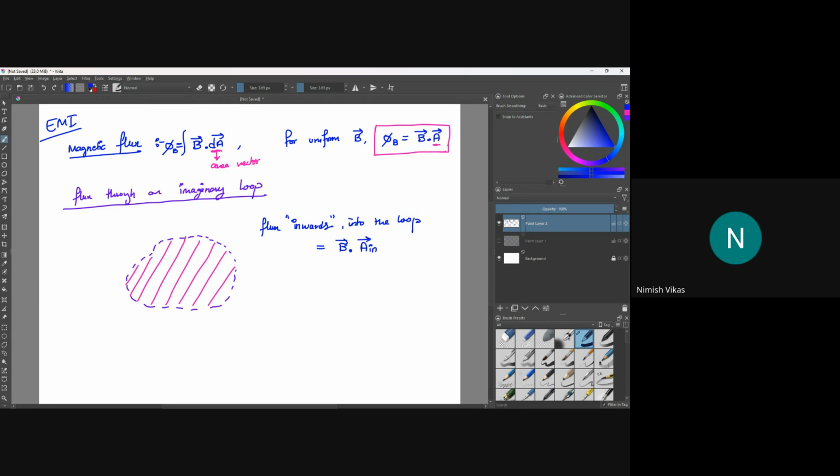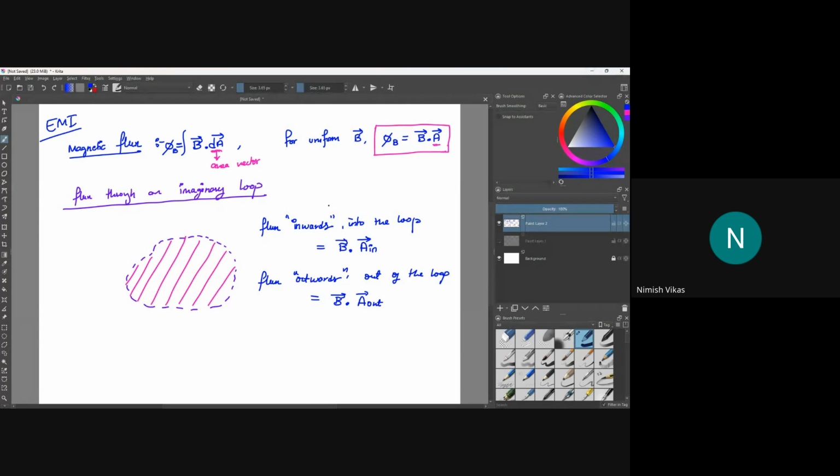If you are finding magnetic flux into the loop, then the area vector must be going into the plane of the screen. Similarly, if you're finding flux outwards, or flux out of the loop, you'll do the same thing, B dot A, but you will take the direction of the area vector to be out of the screen.